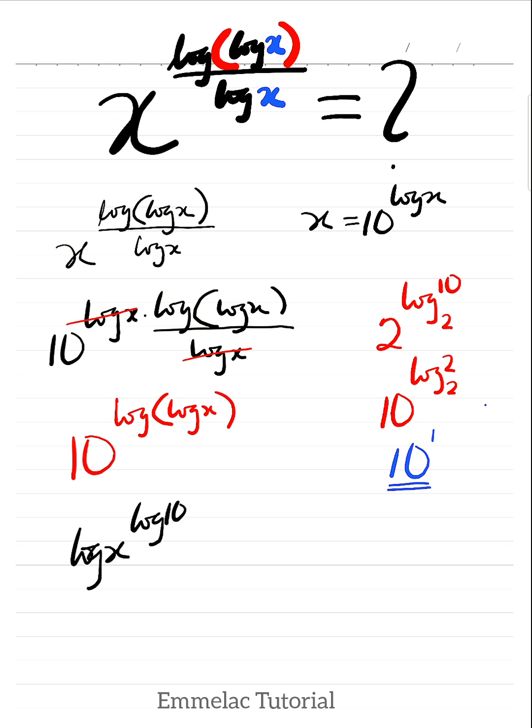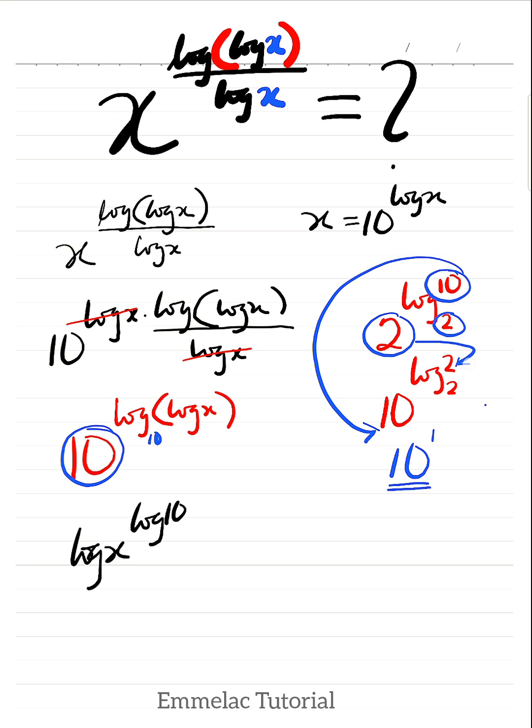Now take note, just like saying these two is the same as 10, then this 10 here is the log of x here, so these two is just synonymous to log 10 also here. Now you can see that this 10 becomes the base here, while the base here becomes the argument here.